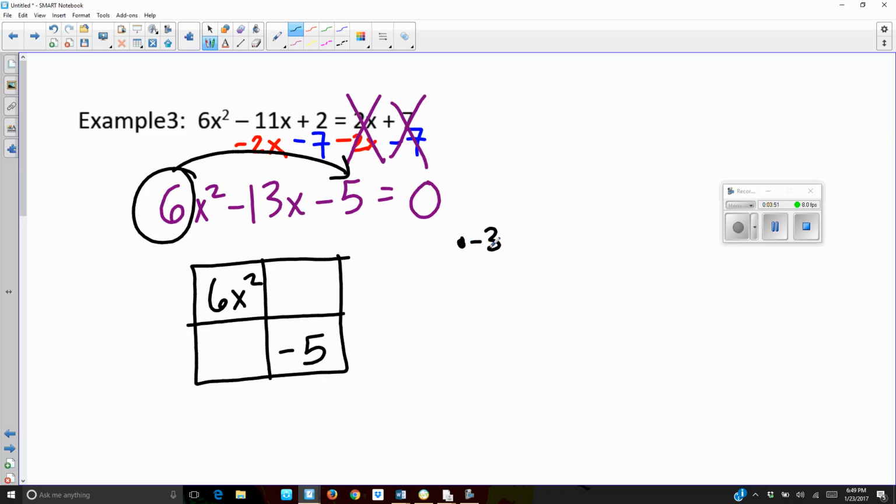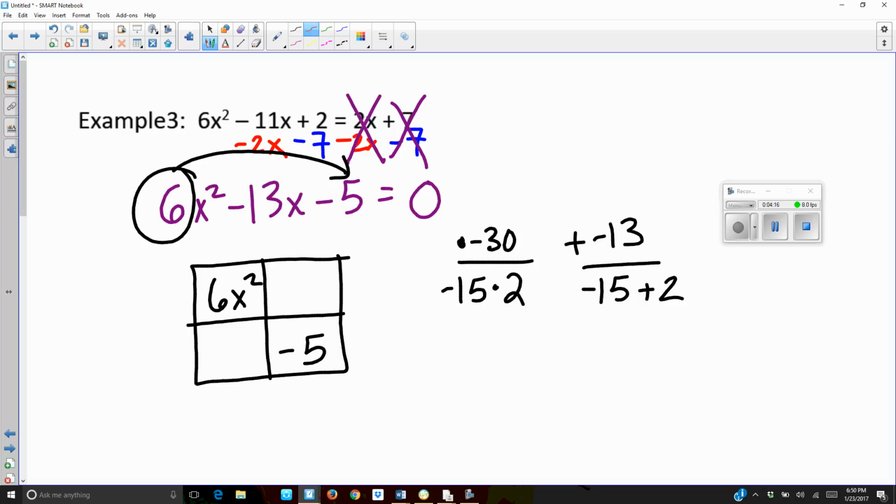You're looking for 2 numbers that multiply together to give you negative 30 and add together to give you negative 13. Those 2 numbers are negative 15 and positive 2. Be careful, negative 10 and negative 3 don't work because they multiply together to give you a positive 30.